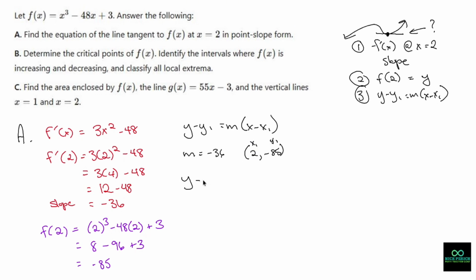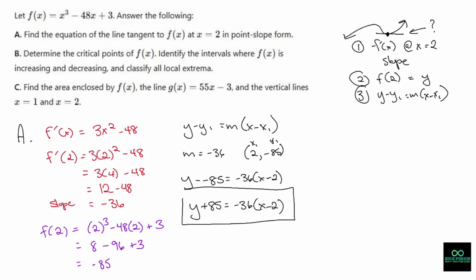Y minus negative 85 equals negative 36 times the quantity x minus 2. Cleaning this up is going to be y plus 85 equals negative 36 times the quantity x minus 2. Yuck, gross, no thank you.